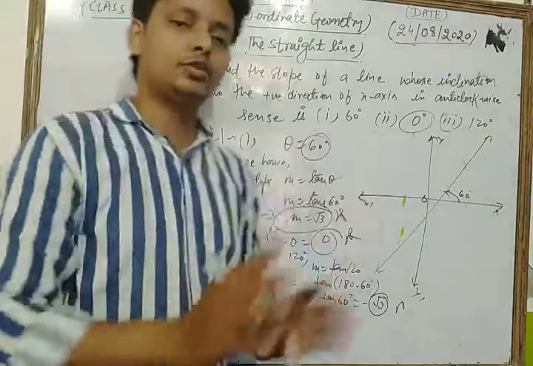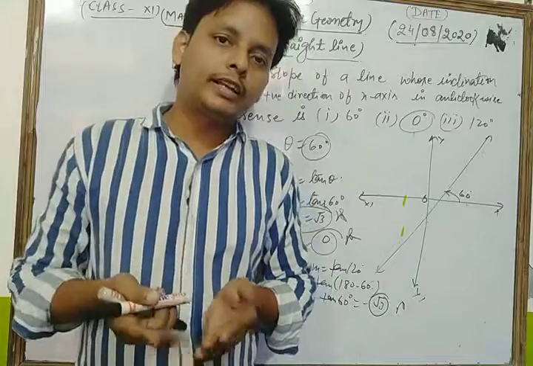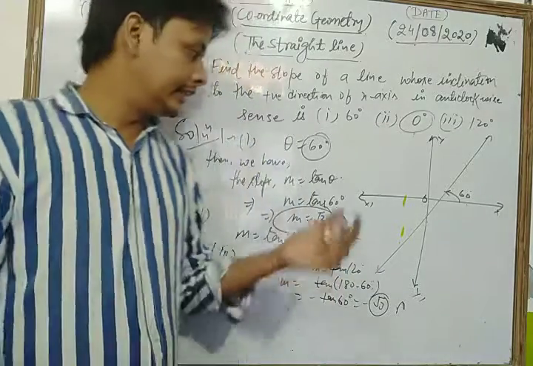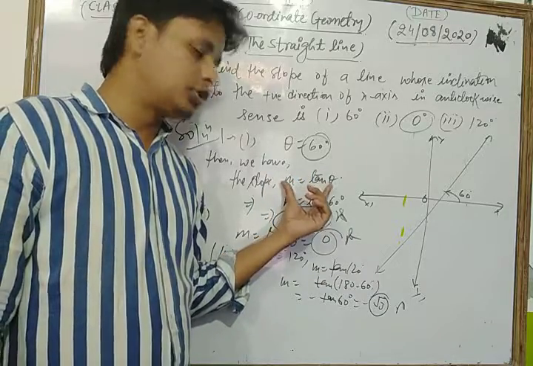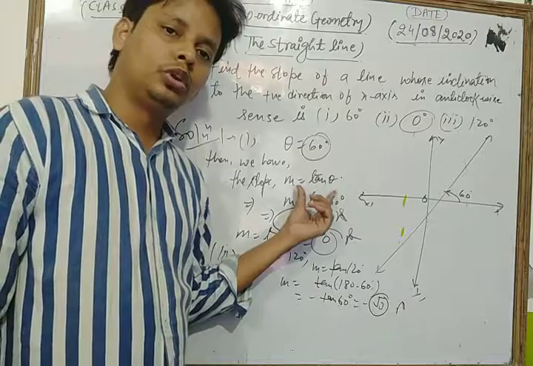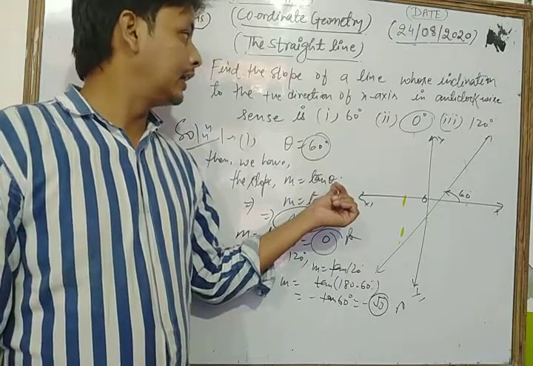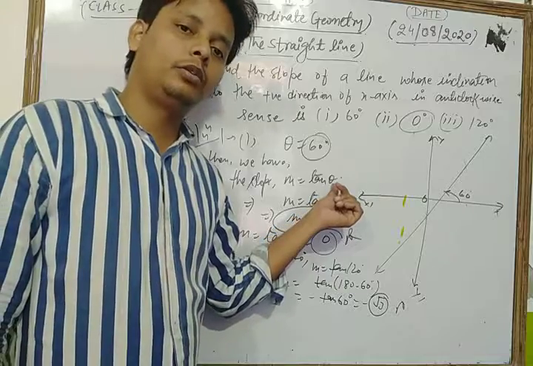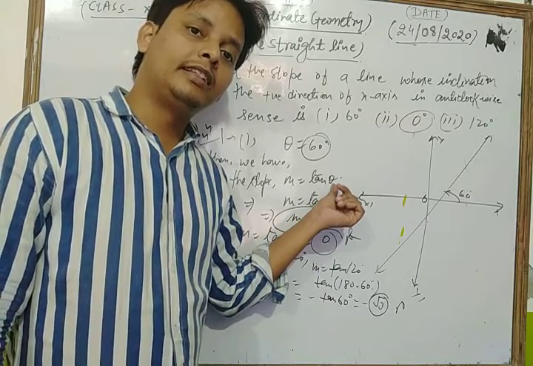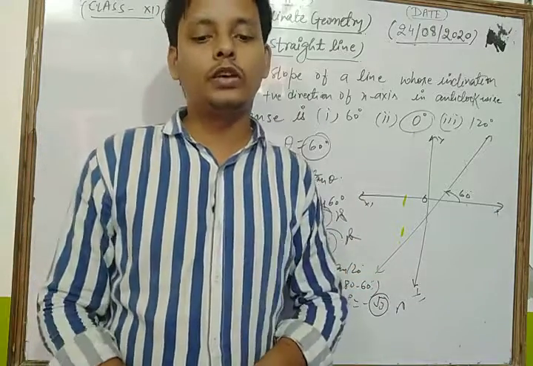So, dear student, if the inclination to the positive direction of the x-axis in anti-clockwise direction is given, then the slope is determined with the help of the formula m is equal to tan theta. Here theta is the angle of inclination, the angle made by the given line with the positive direction of the x-axis in anti-clockwise direction.